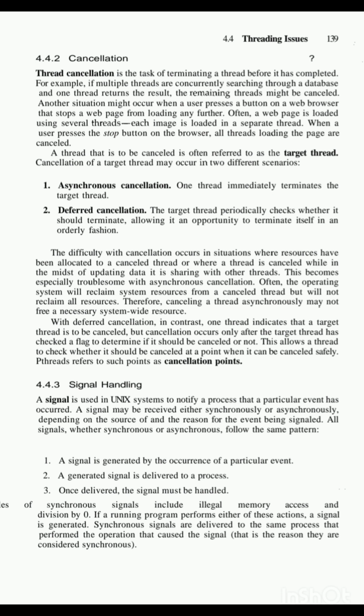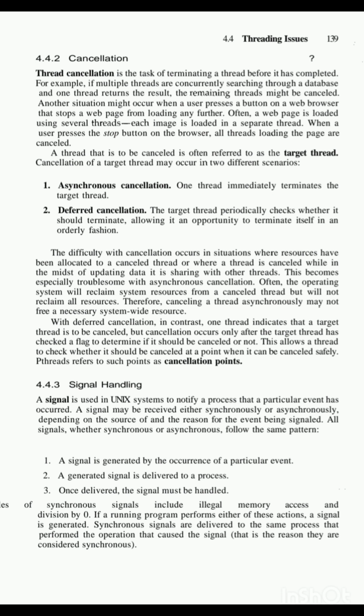Cancellation of a target thread may occur in two different scenarios. Asynchronous cancellation: one thread immediately terminates the target thread. Deferred cancellation: the target thread periodically checks whether it should terminate, allowing it an opportunity to terminate itself in an orderly fashion.